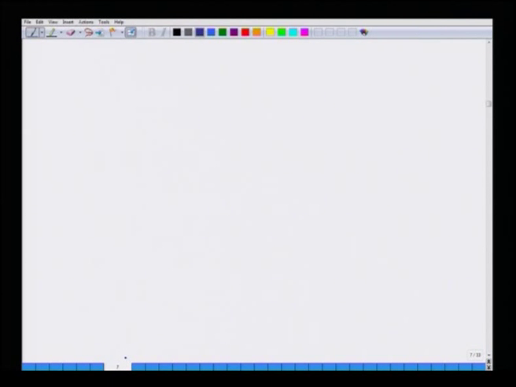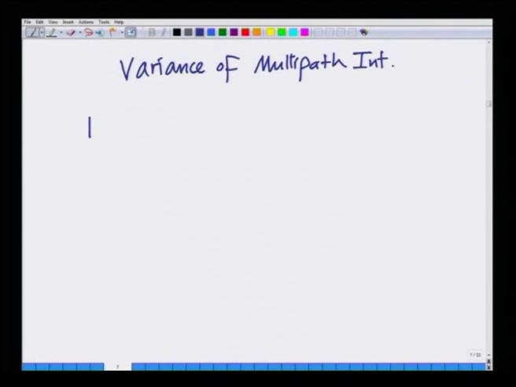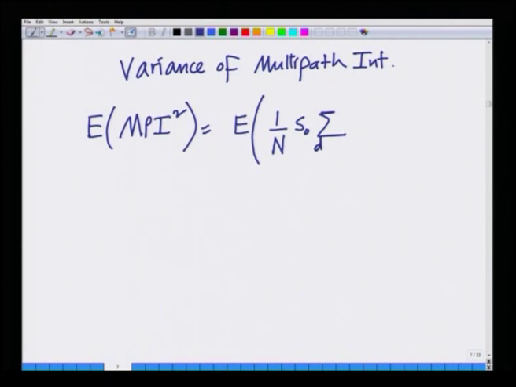The variance of this multipath interference is nothing but expected MPI square, which is nothing but expected of square of this term, which is expected of 1 over n S0 summation d equals 1 to L minus 1 H0 of d times R00 of d whole square.